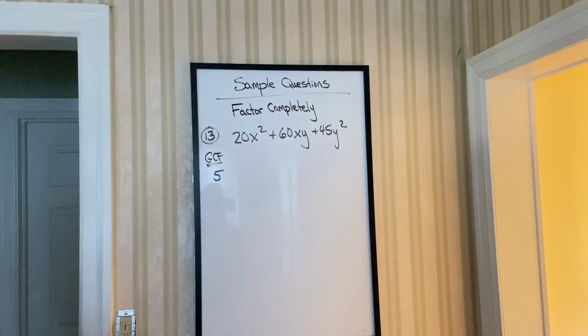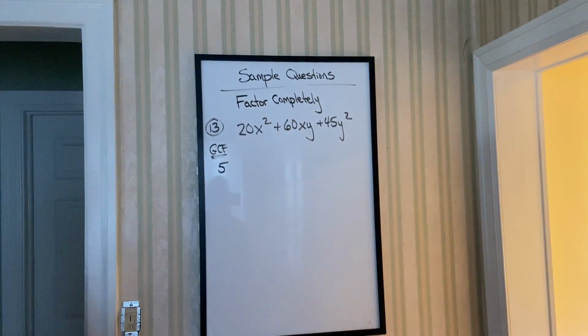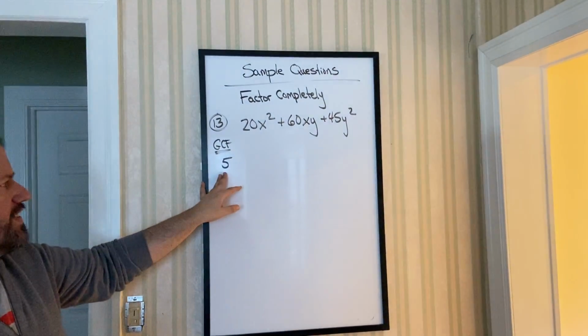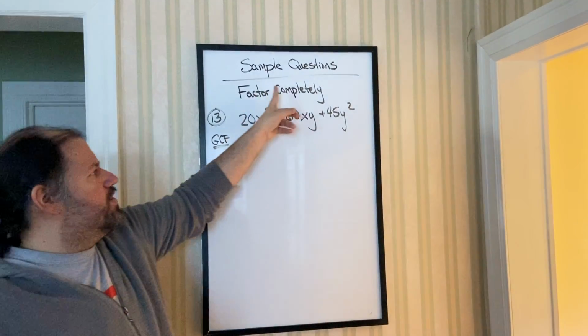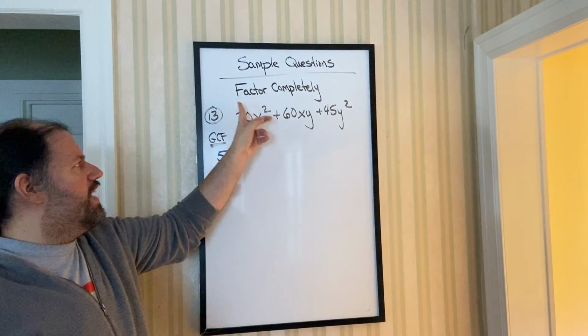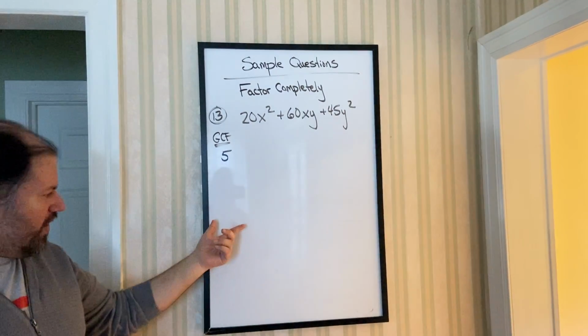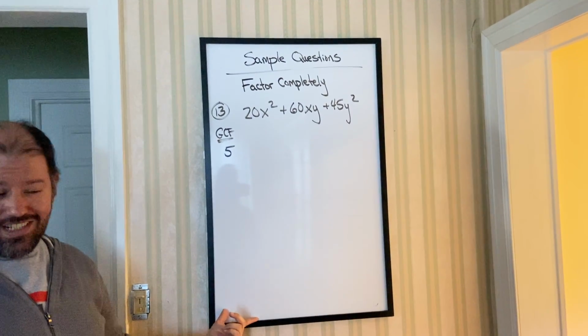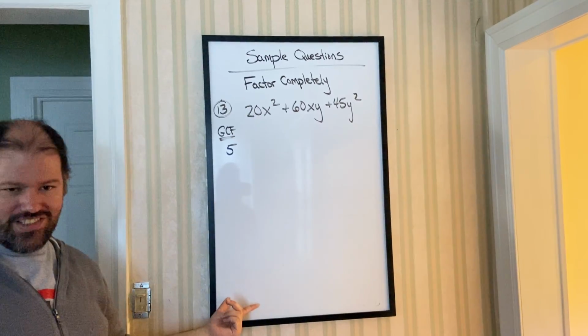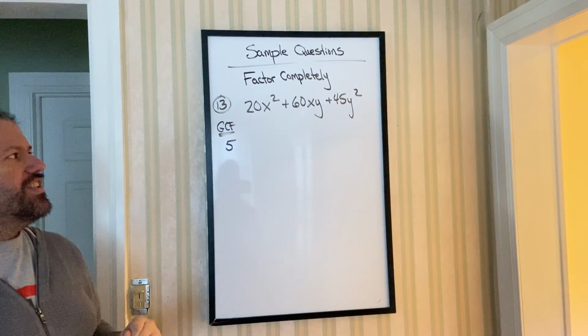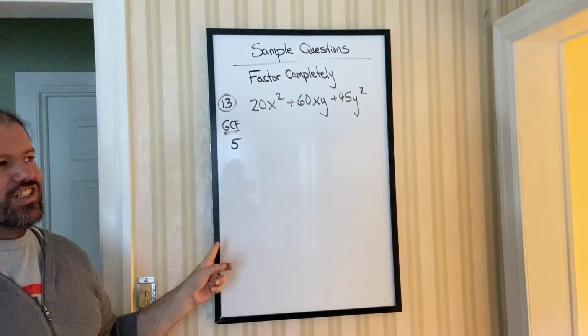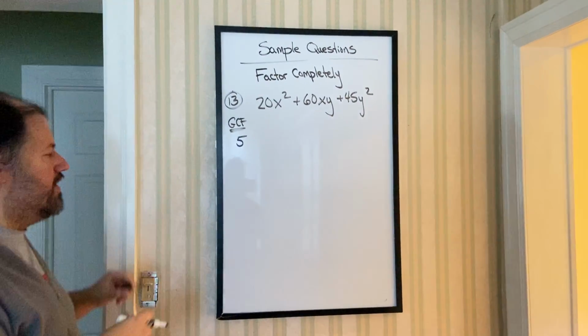You have to factor out the GCF first. If you skip this important step, some of you are going right into arch. Notice 45 times 20, that's 900. Try to do all the combos of 900. It's possible, but it'll take you some time. If you take out the GCF, you'll see when I do arch, it's going to be much smaller than 900.